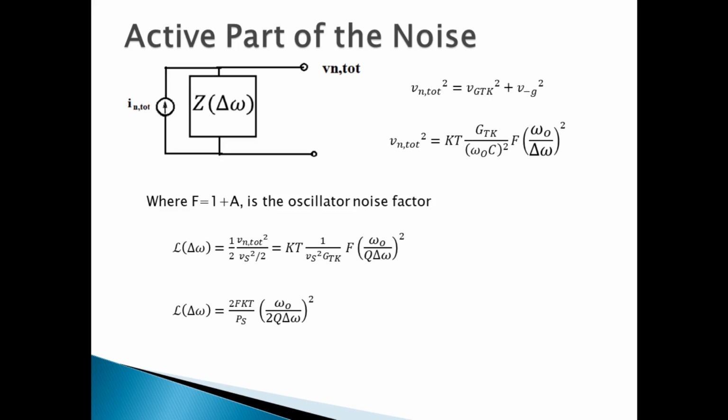So the quality factor, which is decided by the LC tank, is important. They choose LC tank circuits such that the Q is high in order to have low phase noise.